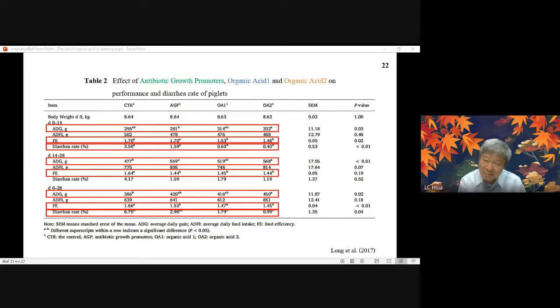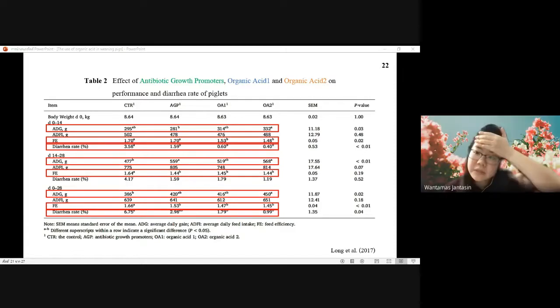Net? Yes. Because Neil's presentation and her results, most of them show in piglets. And actually, I totally agree with Professor Hsia. But if you look at the papers for piglets, they have more emphasis on antibiotic replacement.